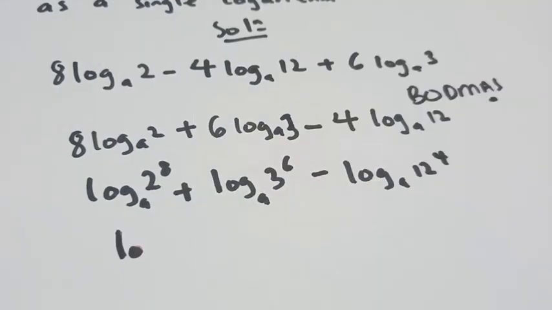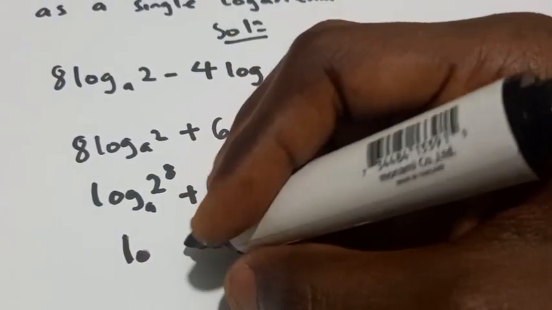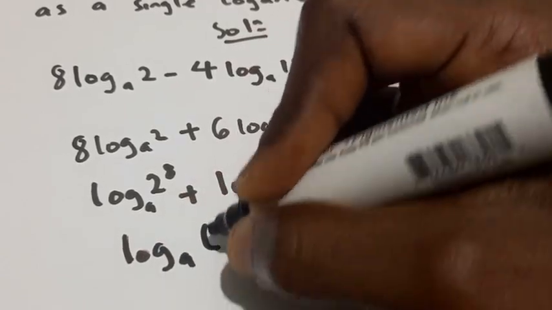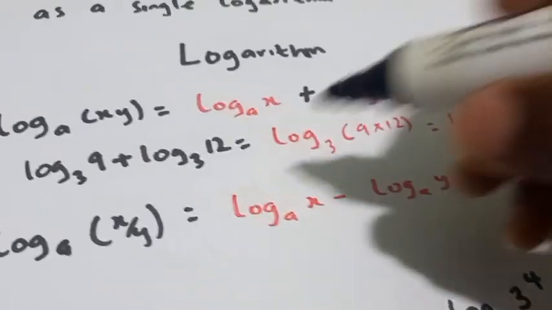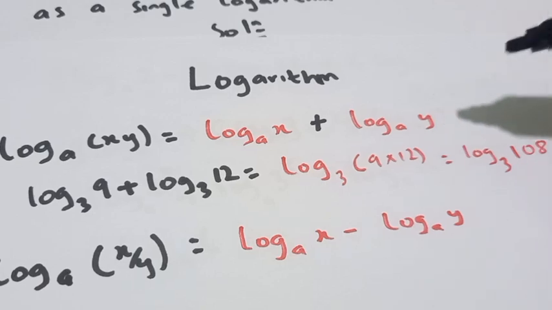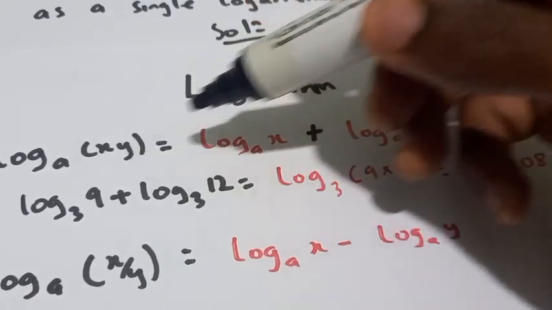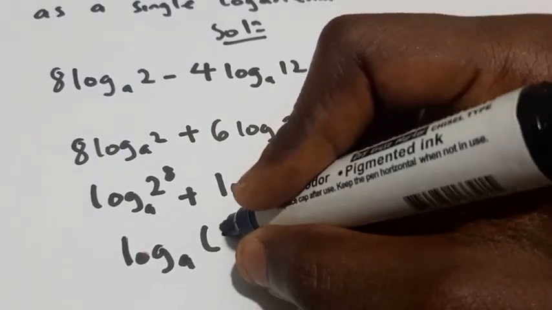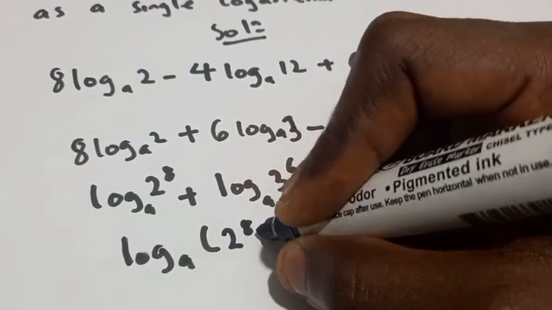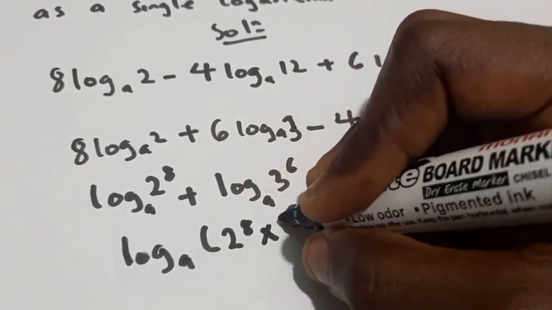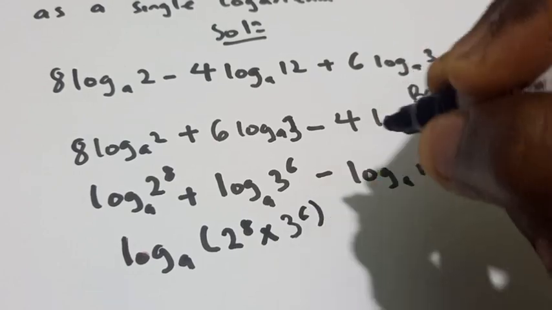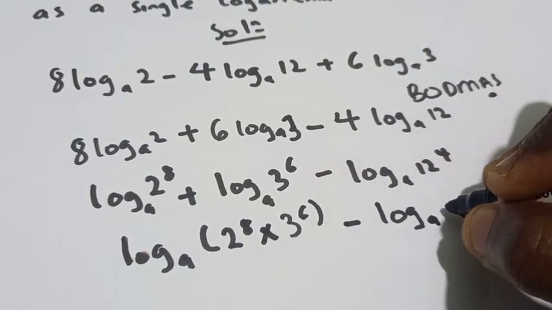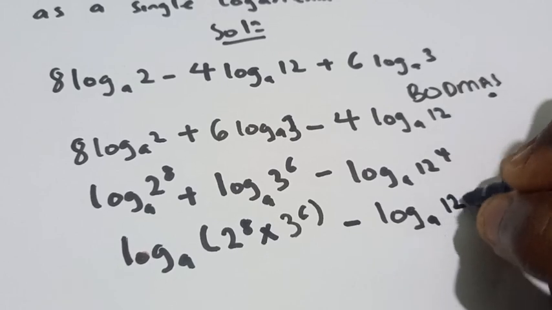So we solve the addition part first. From the rule, x plus y, we multiply. So we have 2 raised to the power 8 times 3 raised to the power 6, all minus log base a of 12 to the power 4.